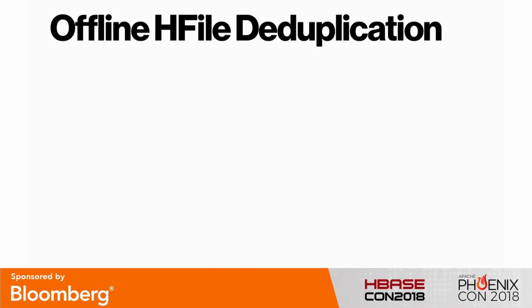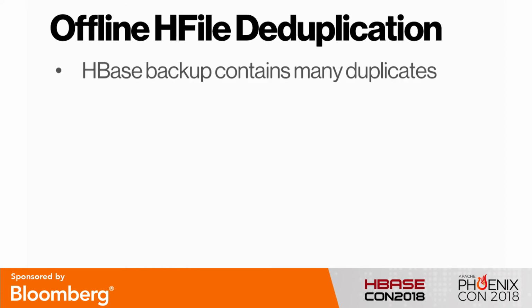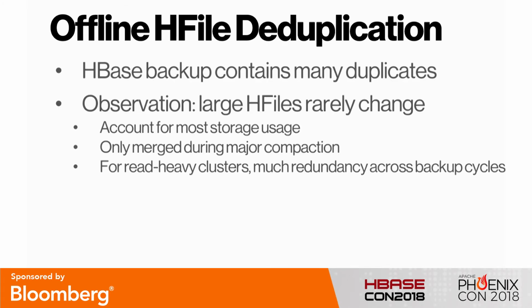This idea is inspired by the observation that large HFiles rarely change across backup cycles. While incremental updates are merged with minor compactions, the large HFiles are only merged during a major compaction. As a result, adjacent backup dates usually contain many duplicate files, especially for read-heavy workloads.